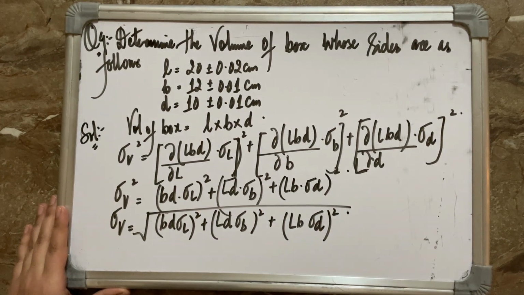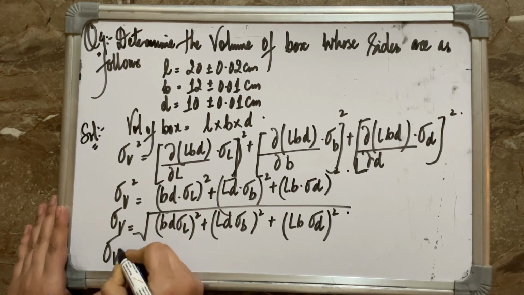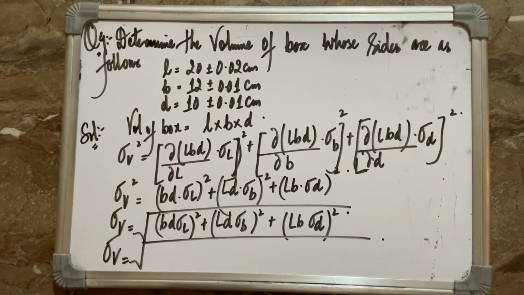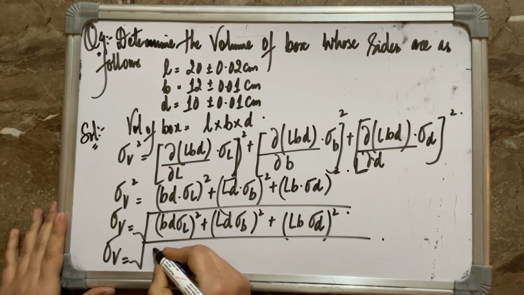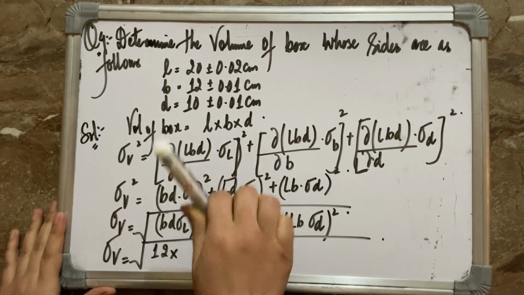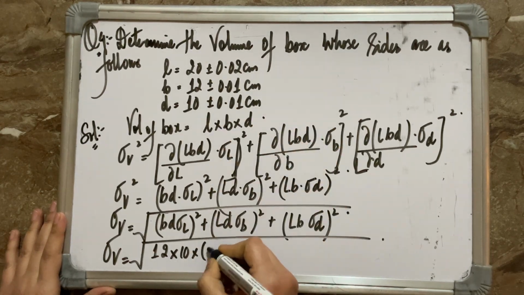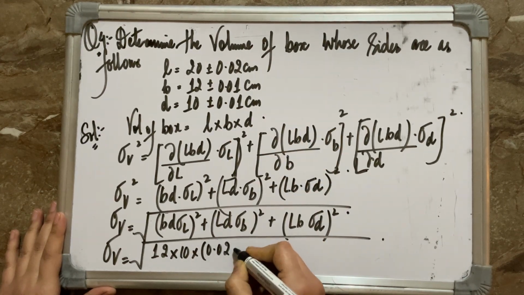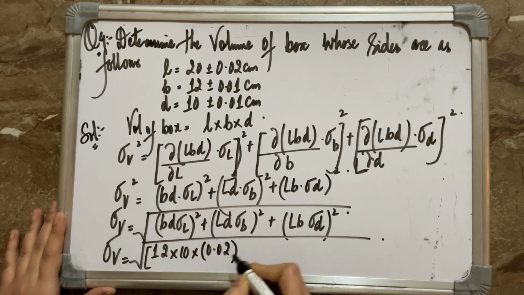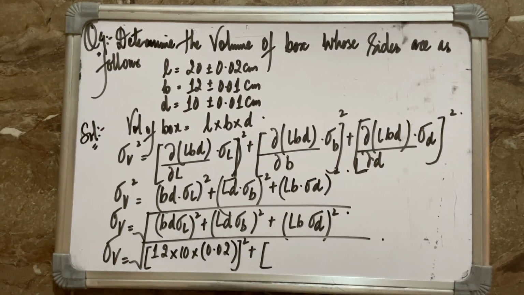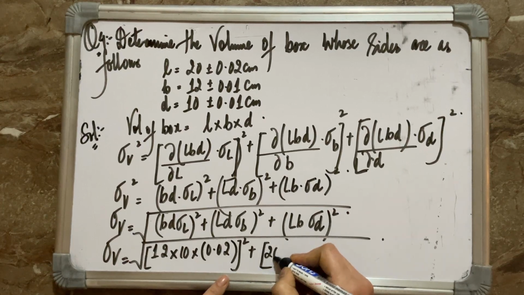By substituting the values: B, how much? 12. D, how much? 10. Sigma L, how much? 0.02, square of it. Plus L, how much? 20. D, how much? 10.